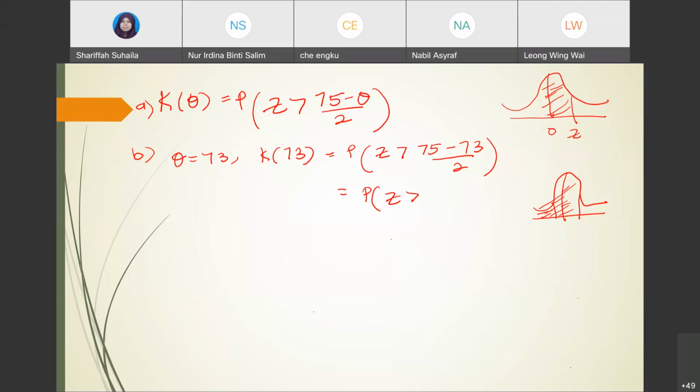So depending on your table, we want to find the value for theta equals 73. So (75 minus 73) divided by 2, you need the probability Z greater than 1.